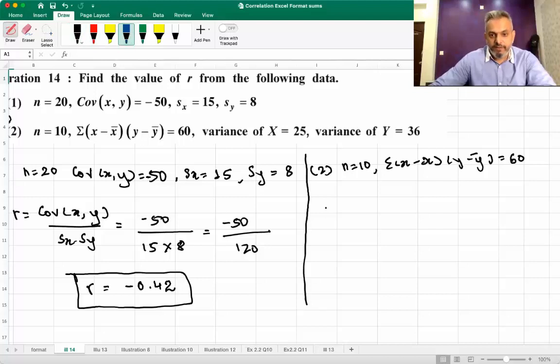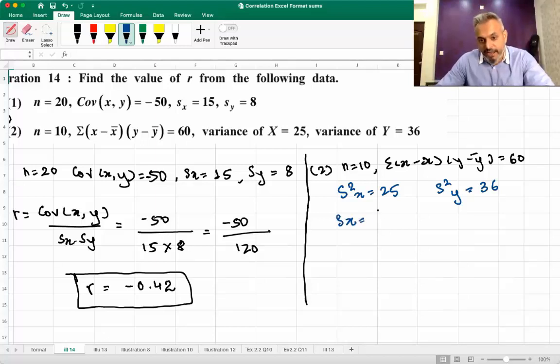Pay attention please. So, s square x is equal to 25 and s square y is equal to 36. So, what is standard deviation of x? It is under root of 25, but standard deviation can never be negative. So, it will only be positive. So, it will be 5.